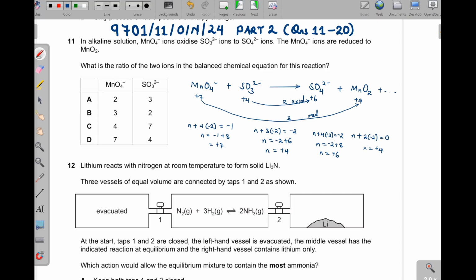Now, this is a redox reaction. When we are balancing, the change that we have in here, we switch it and multiply it here in these species that have also gotten a change in the oxidation state. So I'll put a 2 here and a 2 there. You see that?